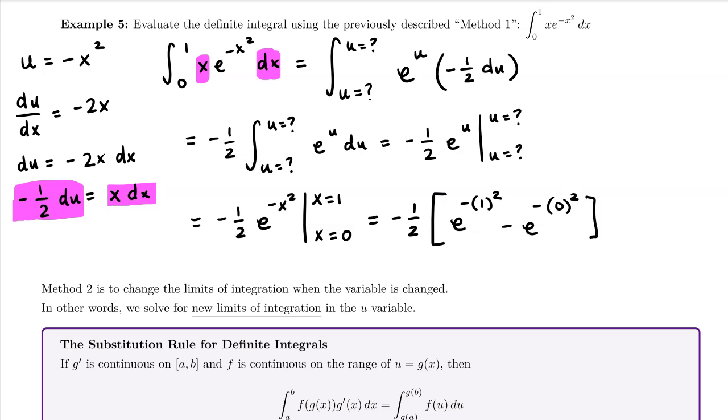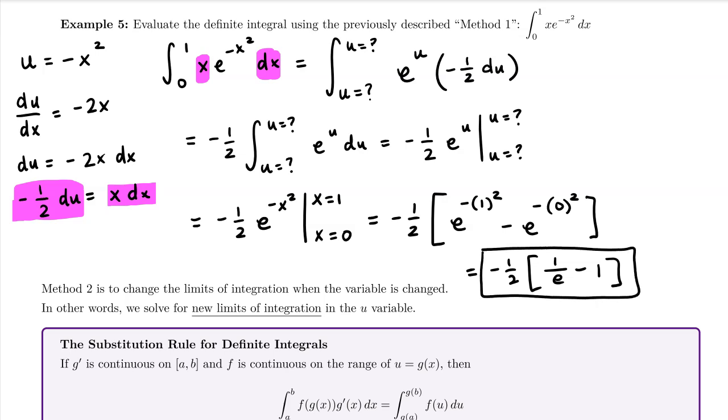From here, we get negative 1/2 times, 1 squared is 1, and then times negative 1, so that's going to be e to the negative 1, or the same thing as 1 over e, and then minus e to the 0 power is going to be 1, so this ends up being our final answer.